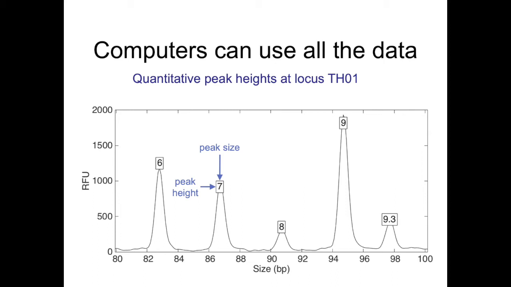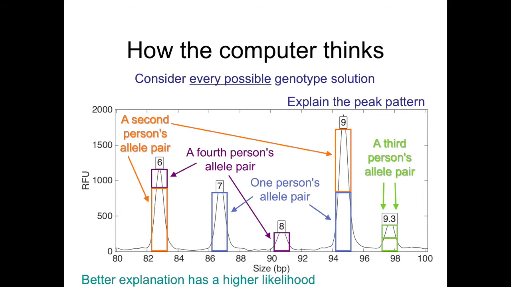But the computer can use all the data. And this is how the computer thinks. So we have the same data, and now imagine that we begin just by looking at those blue bars at 7 and 9. So there are 2 rectangles here. The computer says, here's a first contributor. There's an allele pair. And now in orange, there's a second allele pair that's added in.